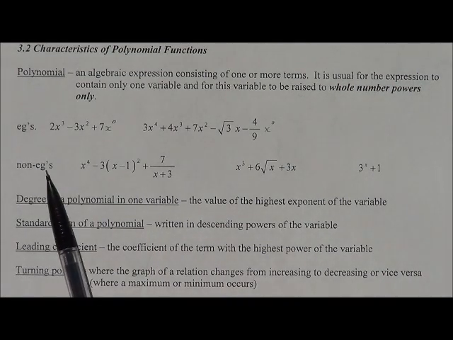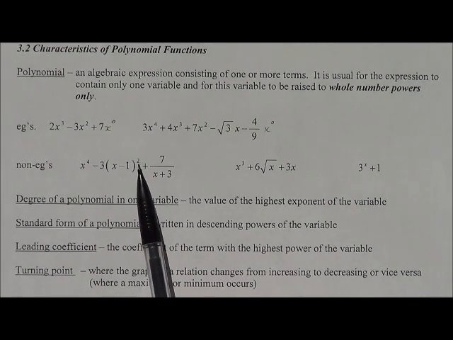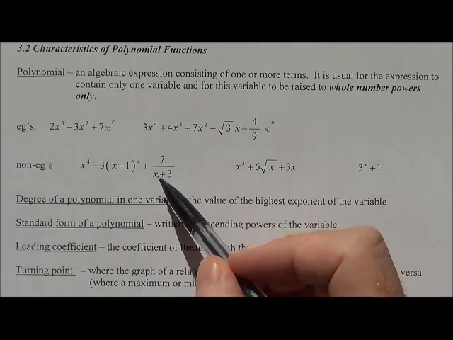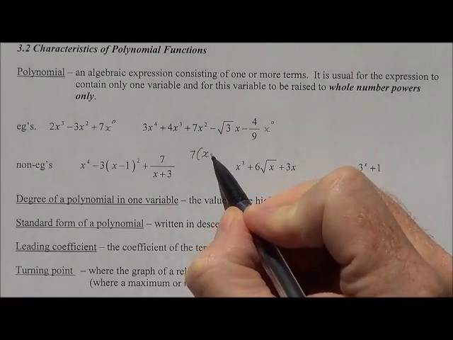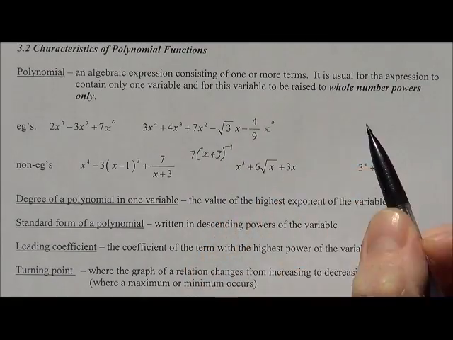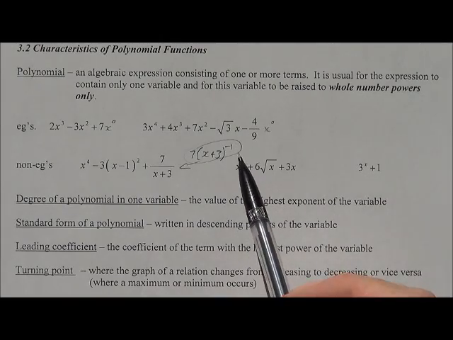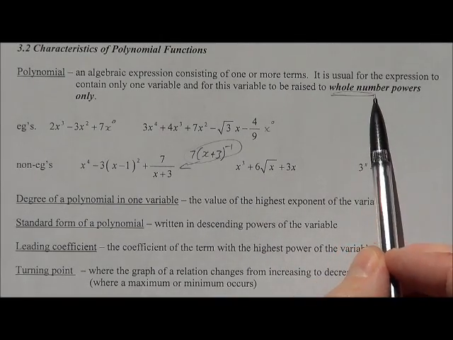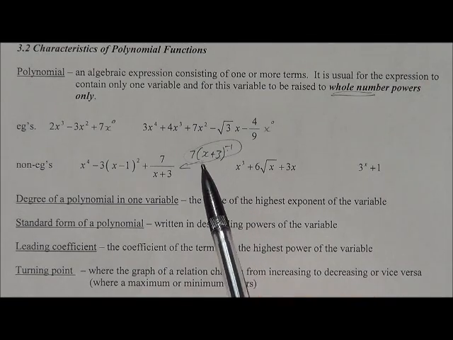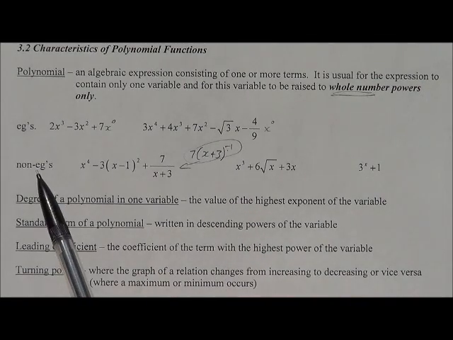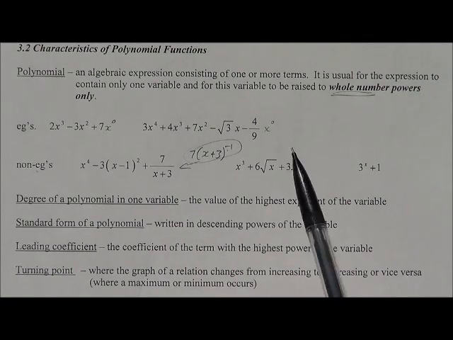Now, take a look at these non-examples. Here we have x to the power 4, here's a squared, but in this case, another way of writing this term would be 7 times x plus 3 to the negative 1. That is not a whole number power, that's an integer, and so that is part of the non-examples of polynomials.